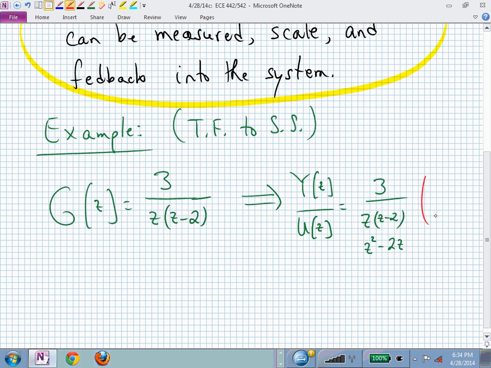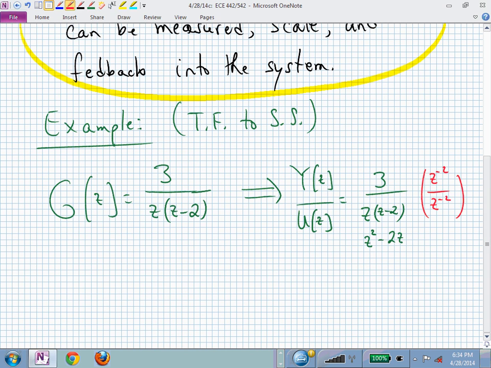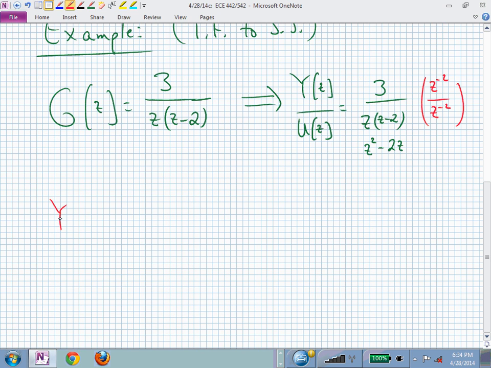And we could, if we wanted to, get that in terms of delays by getting rid of the highest power of Z, which if we now do that, we find that we have Y of Z over U of Z is now 3Z to the minus 2 over 1 minus 2 Z to the minus 1. We all together on that?